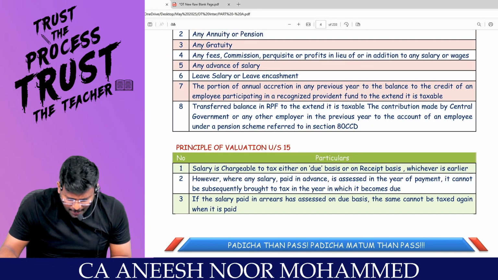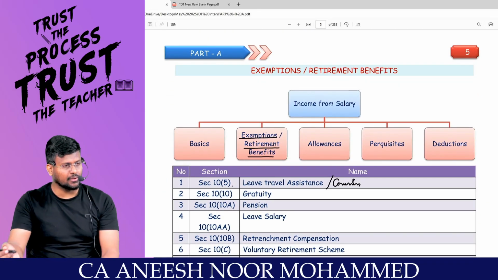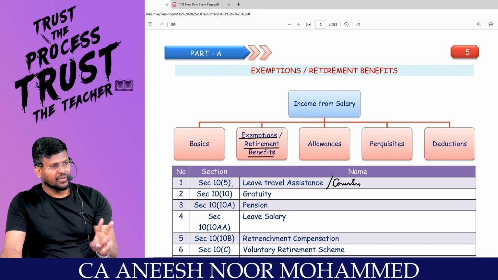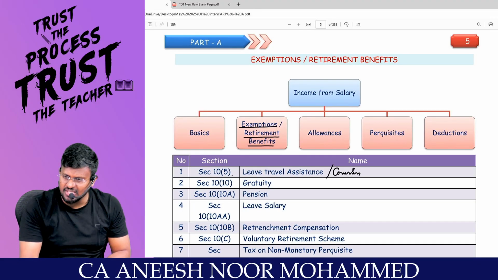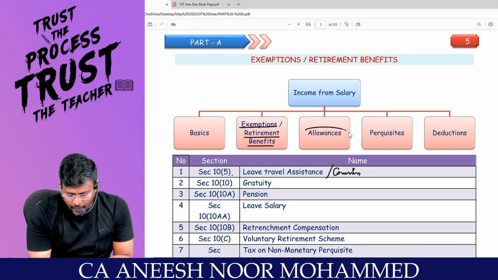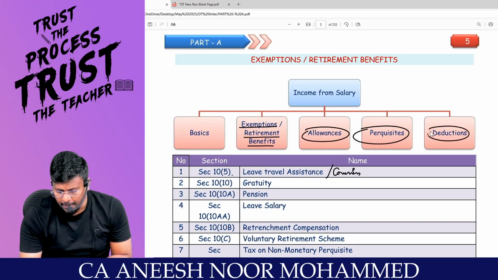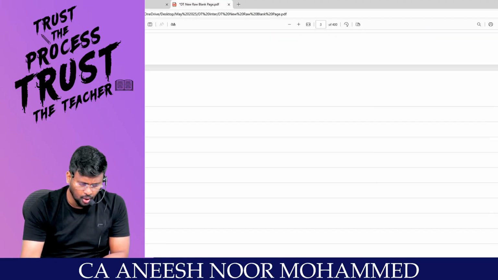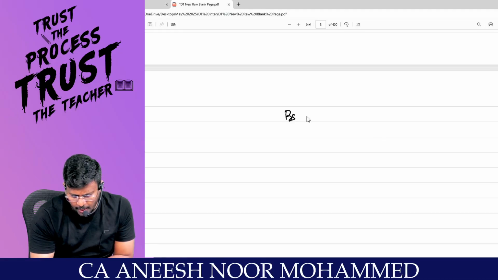So the chapter salary is classified into how many categories? Five categories. Number 1, basic salary. Number 2, exemptions or retirement benefits. Number 3, allowances. Number 4, perquisites. Number 5, deductions. So how will this chapter move? First we will talk about the basic salary.